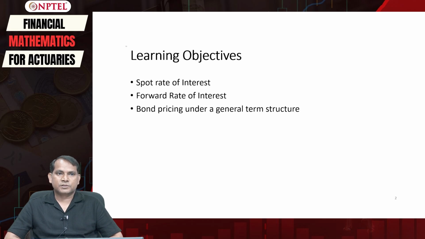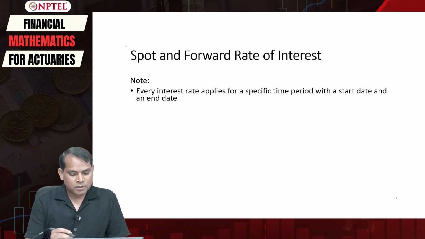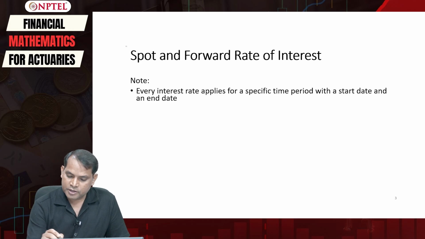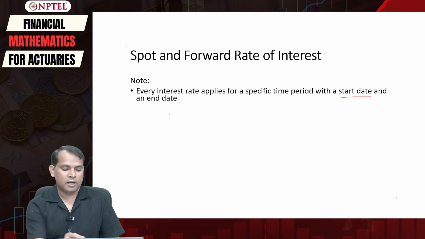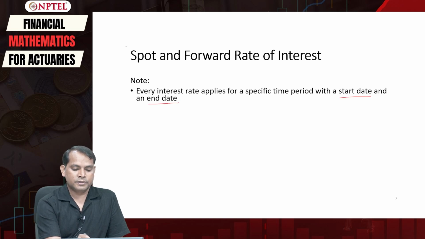Let us begin to understand what the spot interest rate is. Note that every interest rate applies for a specific time period with a start date and an end date.